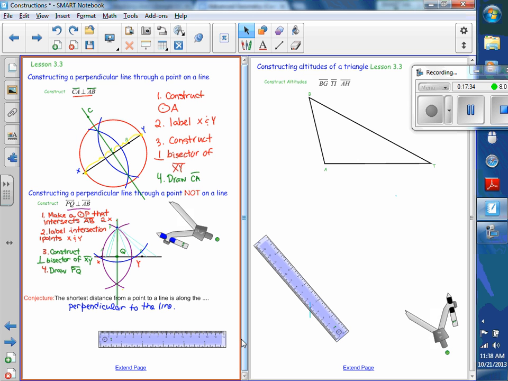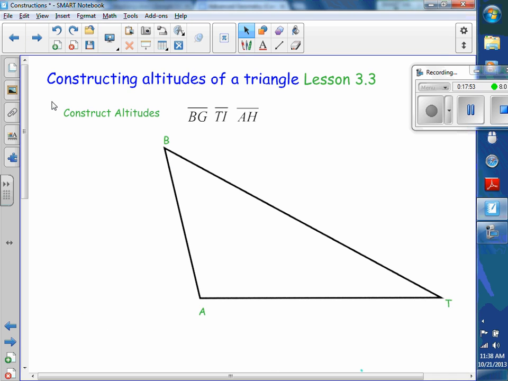So if I wanted to make an altitude from B in the triangle on the right, from B to the base of the triangle, it has to be at a right angle. Right? You guys know that? And altitude's the height? Right.